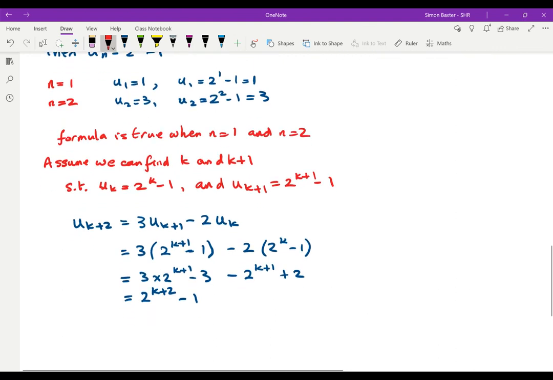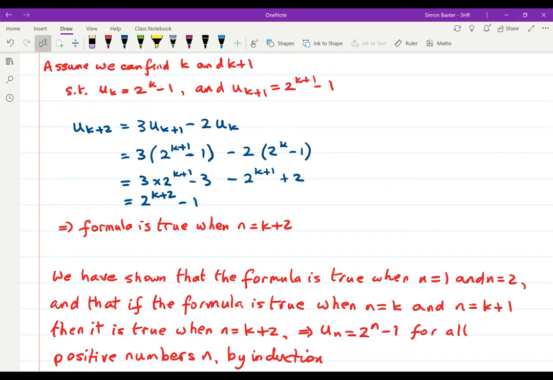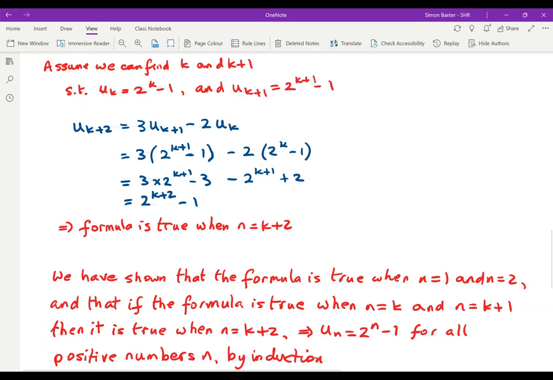So we've now shown that the formula is true when n equals k plus 2. Now we add the normal paragraph at the end. Let's just get rid of those lines.